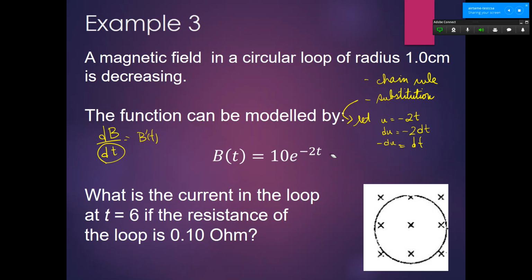Let's go back and let's not use substitution. We'll use the chain rule. And the chain rule is you take the original function multiplied by the derivative of the inside. So that would be 10 e to the minus 2t multiplied by the, oh my god, it's so buggy.